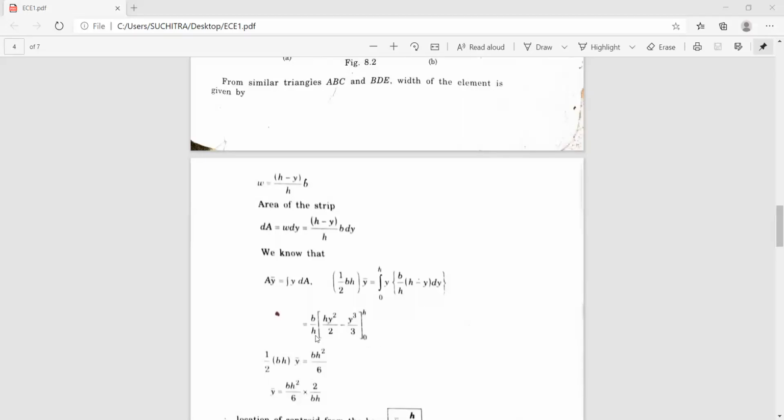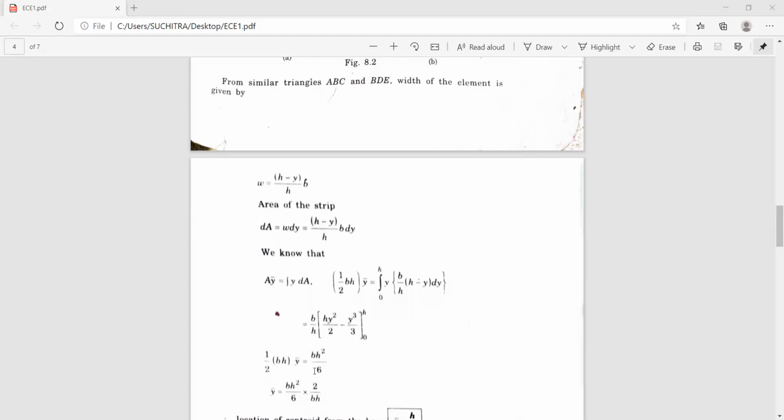Now, on the left hand side, you have half into b h into y bar. If you apply the limits of integration, substituting y as h, you get h cube divided by 2 minus h cube divided by 3.